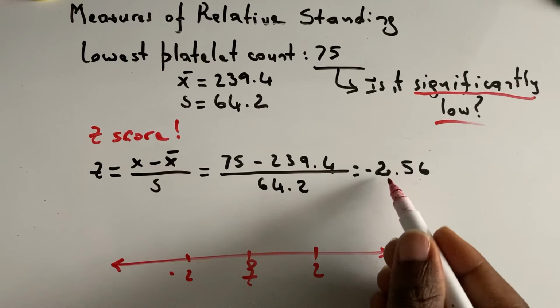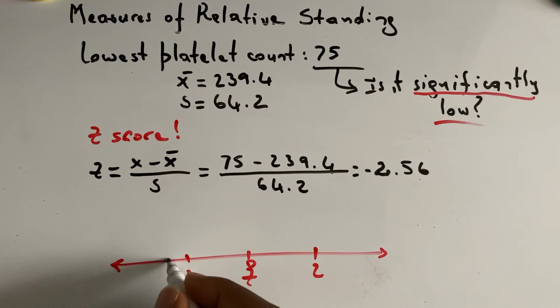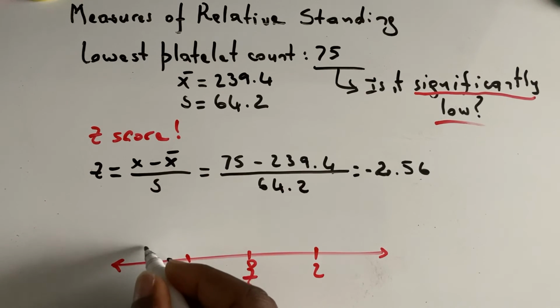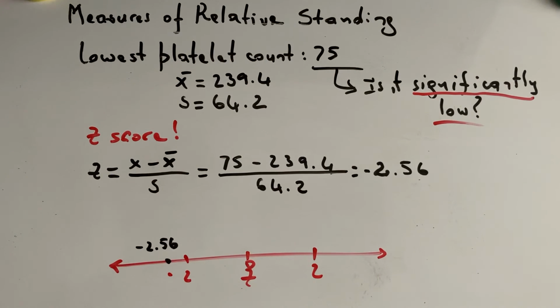The value you get, negative 2.56, is below negative 2.